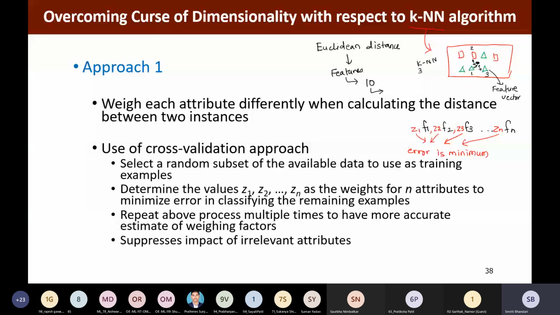And this may help us to suppress the impact of irrelevant attributes. Why? Because if the feature is irrelevant, we are providing some smaller weight to that feature. So this is approach number 1 to overcome the curse of dimensionality with respect to this KNN algorithm.